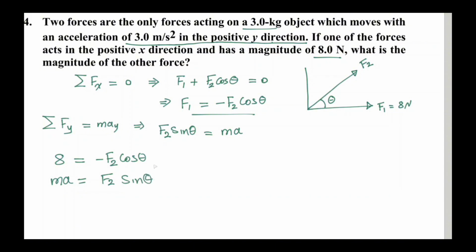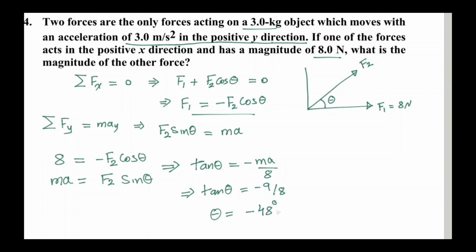If we divide these two equations, you will get tan theta equals minus ma over 8, and in this case, tan theta equals minus 9 over 8, and theta will be equal to minus 48 degrees.